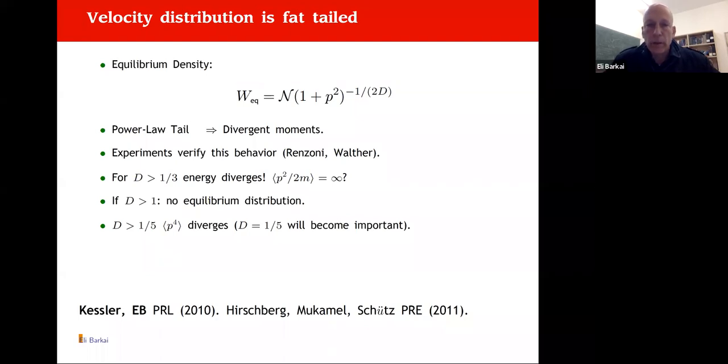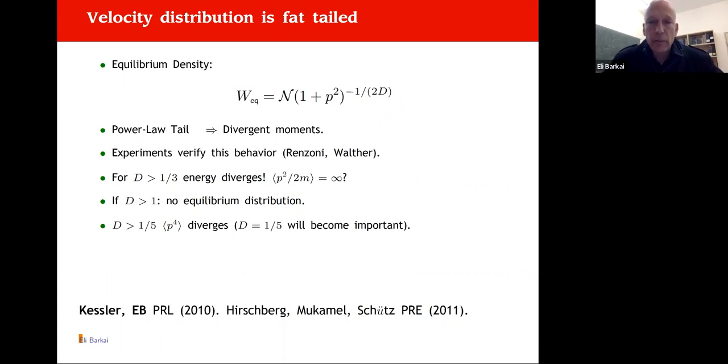These go together. Now, this equilibrium density of the momentum is by itself a bit strange because, for example, if d is bigger than 1 over 3, you will see that the second moment of the velocity, that means the kinetic energy, is infinite, which is very strange because we know that the energy cannot be infinite.